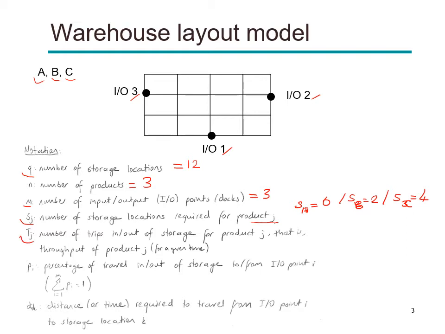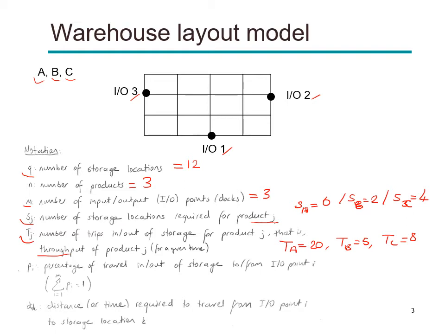Tj is the number of trips in and out of the storage for product J. Sometimes we call it the throughput of J. Okay, again for our example, TA was 20, TB was 5, and TC, I don't remember, was 8 or something. Okay, so this is the data.